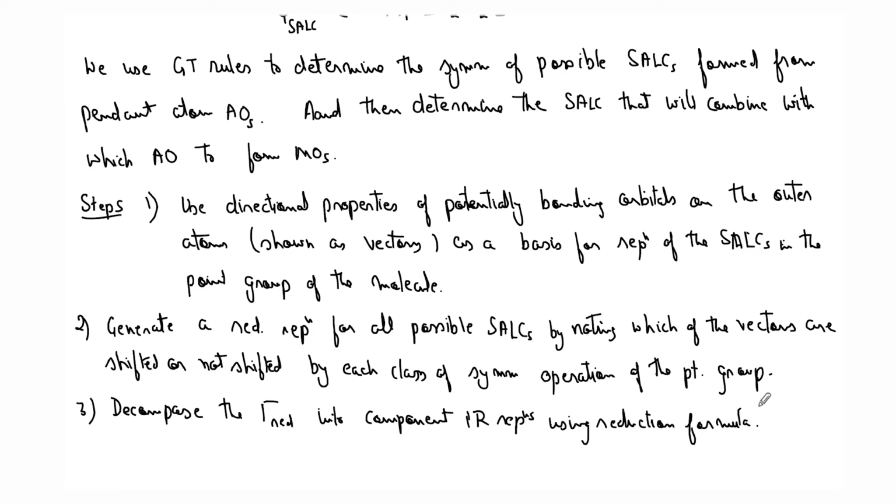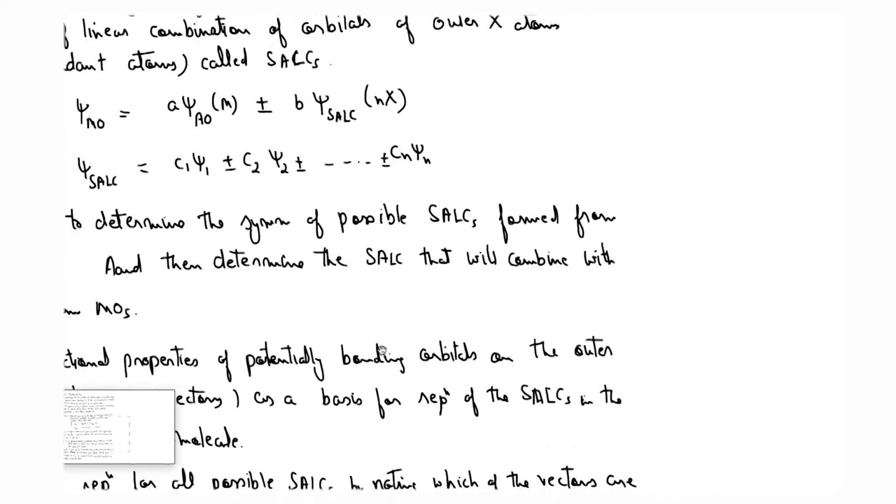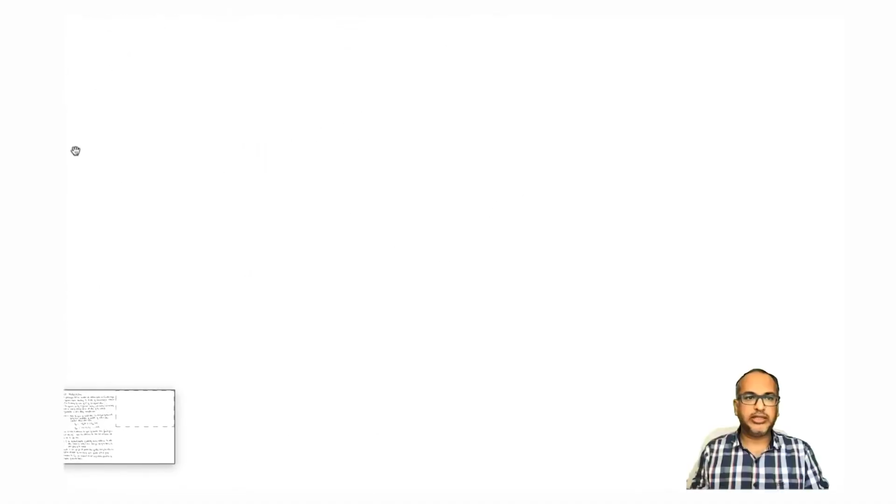If it is an easy case, you can simply do it by inspection of the character table, like we did in the case of D infinity h, where using the reduction formula was not as feasible, so we simply did it by inspection. Okay, so what is the next step?